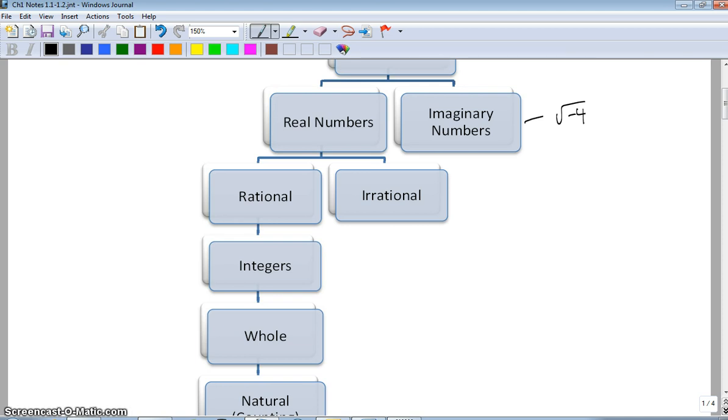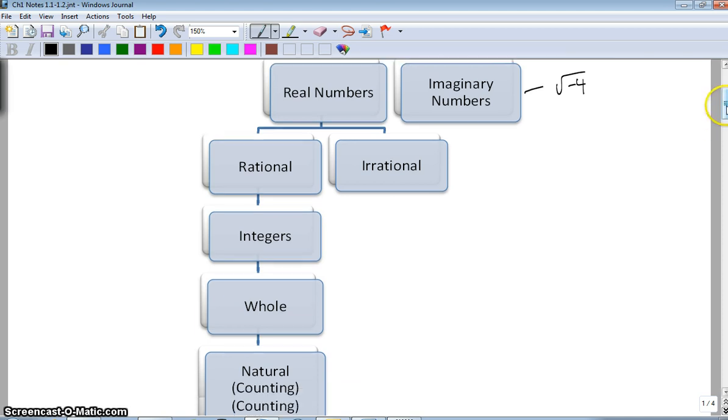Real numbers then are all the other numbers that exist. Those are broken down into rational and irrational. So let's start with irrational. Irrational numbers are basically decimals, but they cannot be written as a fraction.